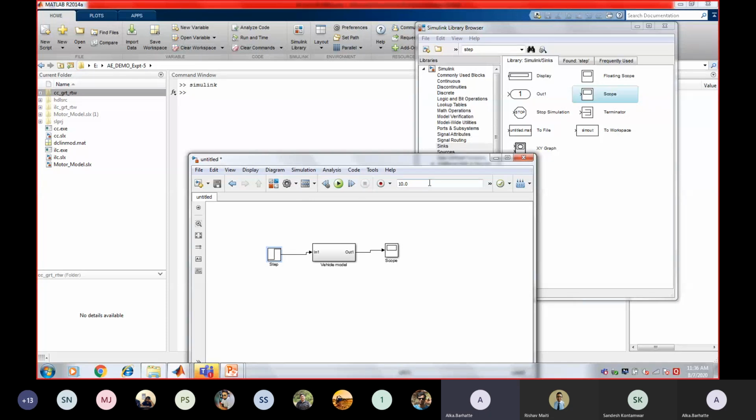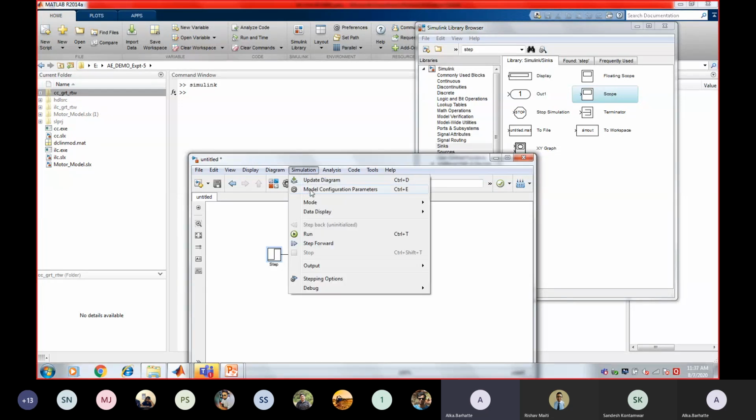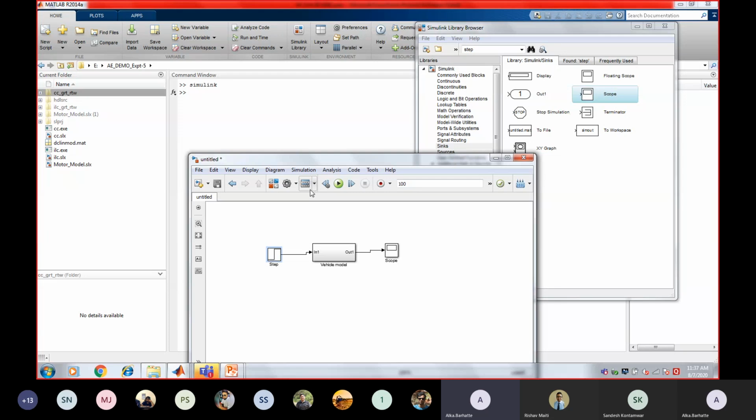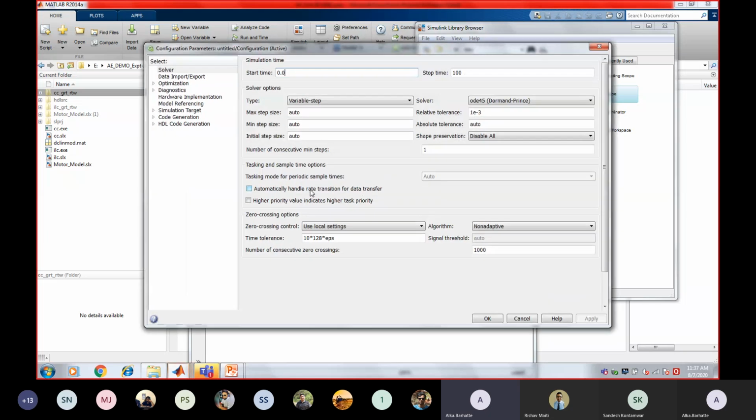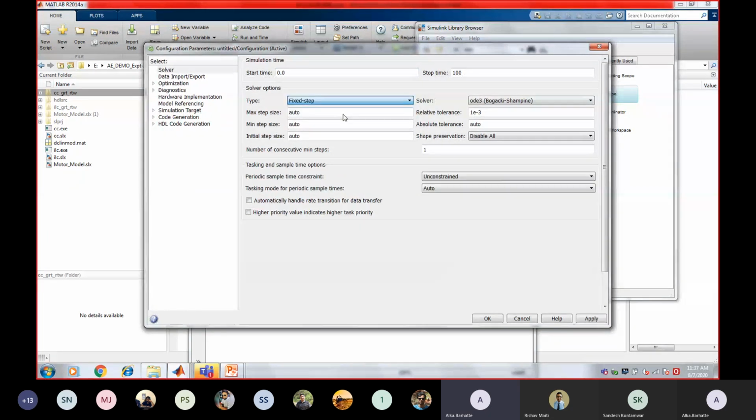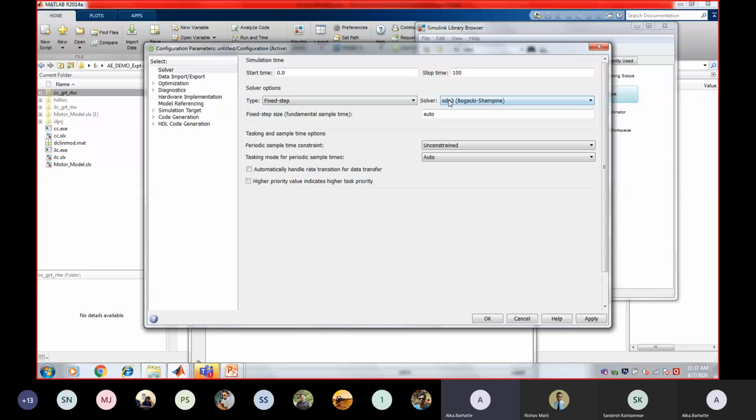With these settings, you can change this if you want. What I said is you need to configure your model. In the model configuration, usually we can go for fixed step here because we are not using any optimization. Whatever stop time you set there, you can see here also.